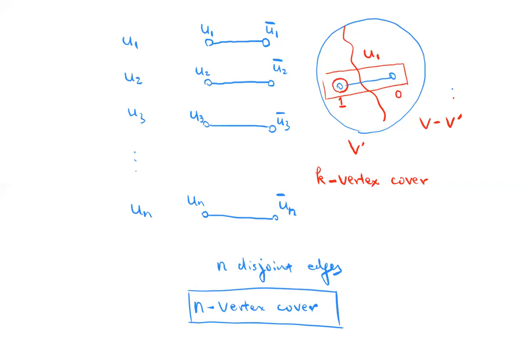At most n means exactly n, because these edges are disjoint and we need one for each edge. That means for each edge we choose exactly one end in the vertex cover, maybe this one, this one, this one, and so on. That corresponds exactly to a truth assignment on the left side. So if this part is 1 and this part is 0, it corresponds to the assignment 1, 1, 0, 1.